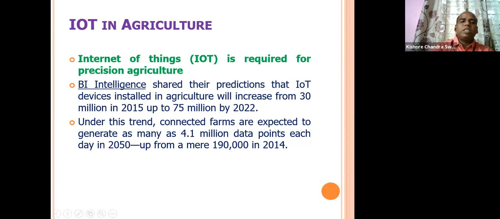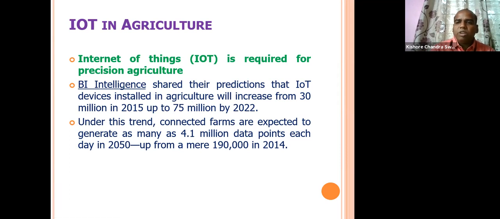There is a new area coming, IoT in agriculture, which is part of precision agriculture. IoT, Internet of Things, is about collecting more information from the field. Like we have moisture sensors, nitrogen sensors and some other sensors installed in the crop field, and we can have many sensors giving readings.